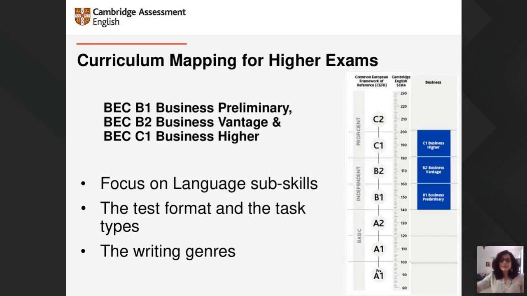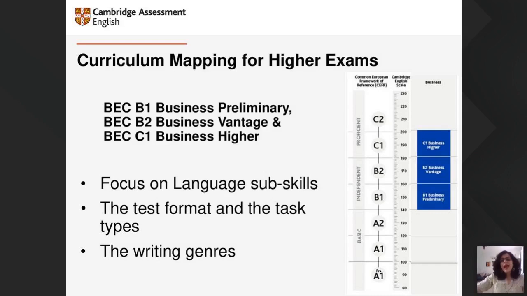And so it's better that you focus on language subskills. That is, the subskills of speaking, the subskills of writing, those of reading, and those of listening. What are the subskills that the exam assesses? Then again, the same drill where you familiarize yourself with the test format and the task type, right?